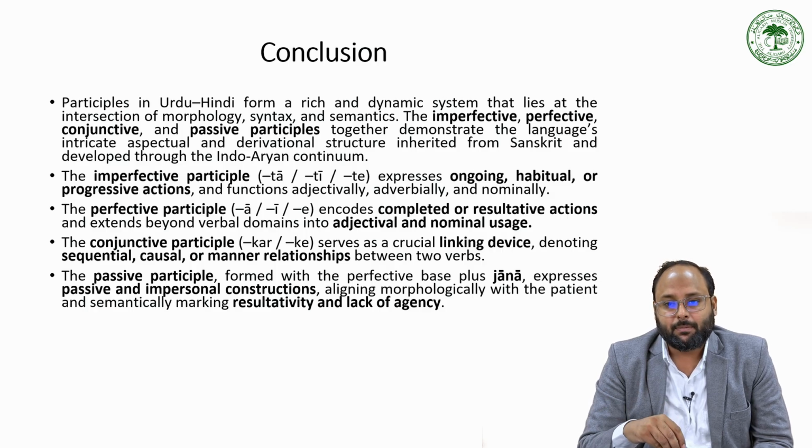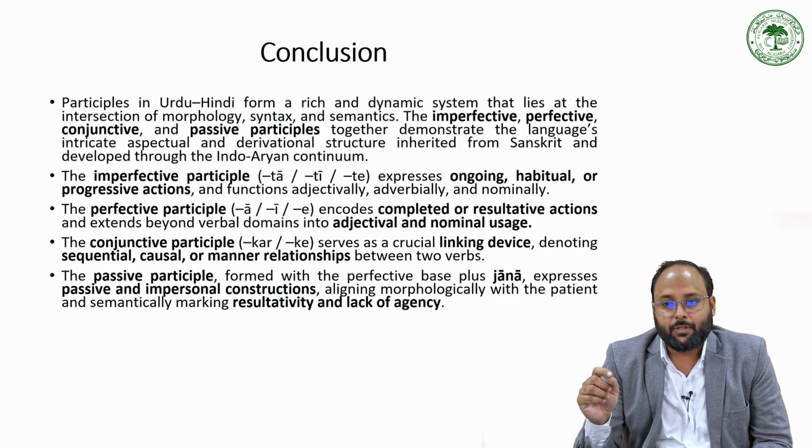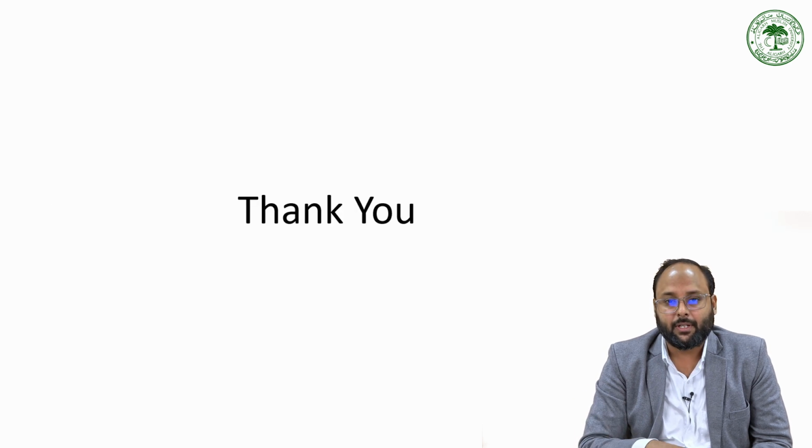And the passive participle is another participle where the object or the experiencer is more important, whereas the agent is not important, but the event is more important. So we are not focusing on the agent, the doer of the action, but we are focusing on the result, or on the events. So I conclude here. Thank you.